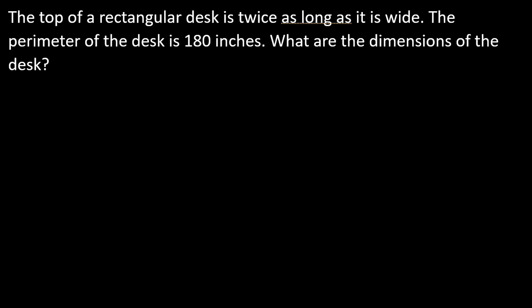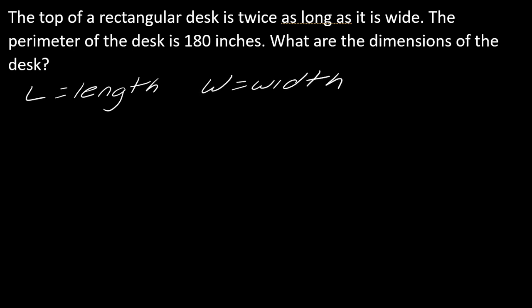Okay, so now going to this first problem. It says that the top of a rectangular desk is twice as long as it is wide, and the perimeter of the desk is 180 inches. So what are the dimensions of the desk? If we declare a couple of variables, we'll have L be the length and W be the width.